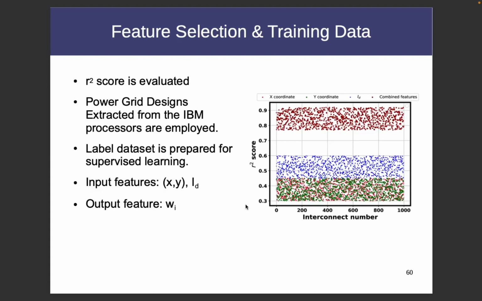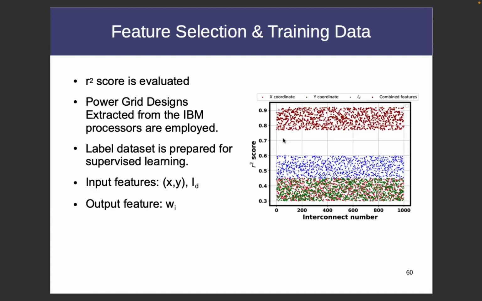We had some other features also, but after doing this feature analysis, we found this combination of features works very well. From this figure, you can see that we consider a feature when its R square score is near about 1.